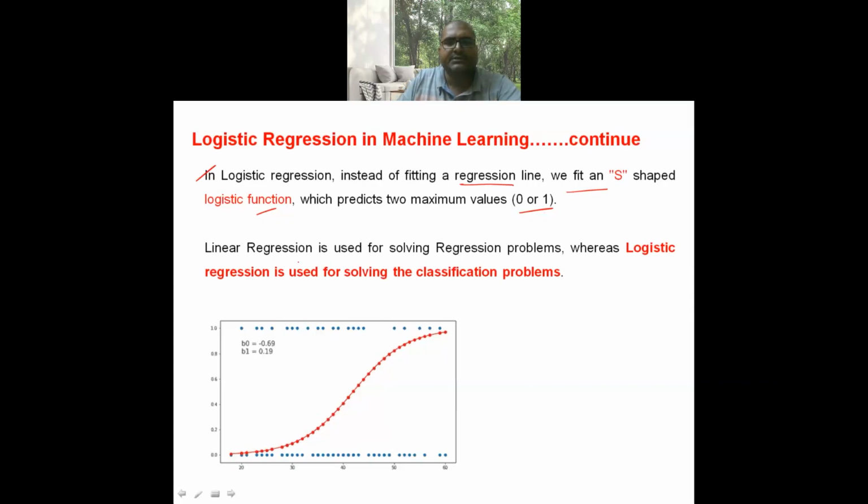Linear regression is used to solve regression problems, whereas logistic regression is used for classification problems. As we know, in linear regression, the regression line will be drawn between the dependent and independent variables. This is the case for a linear regression.